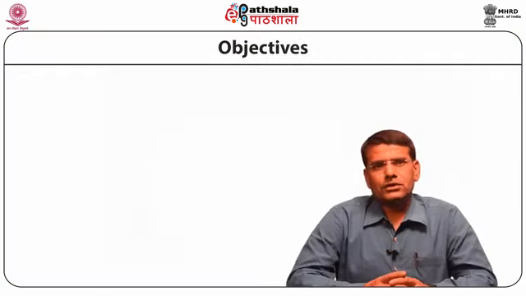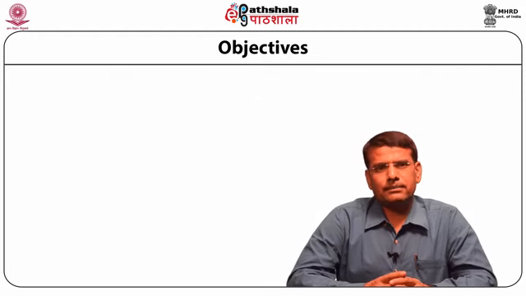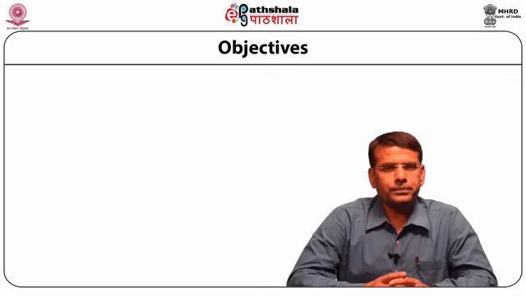Today we are going to discuss a module on Stoichiometry of Glycolysis under the paper Carbohydrate Metabolism. Students, let us see what we are going to learn in this module.